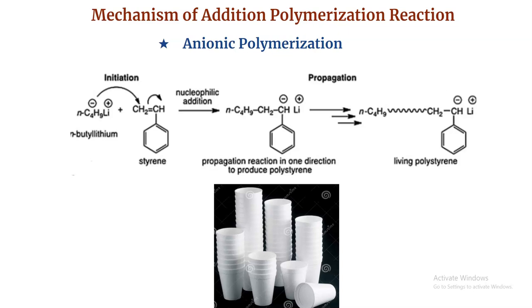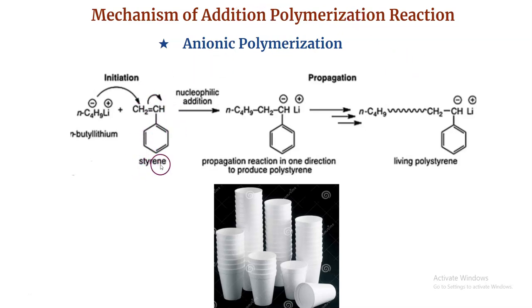That's not important for this class, but again, you can research different ways to terminate an anionic polymerization reaction. So we talked about the free radical polymerization process in addition polymerization, we talked about the cationic polymerization process, and now the anionic polymerization process. These are the three different routes that your addition polymerization reaction can take.